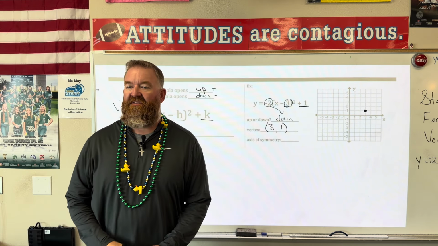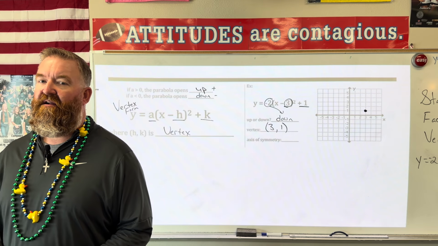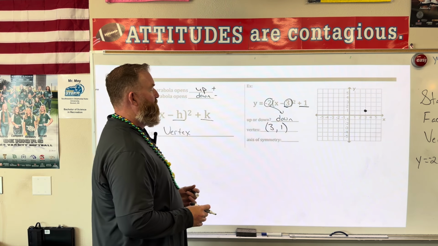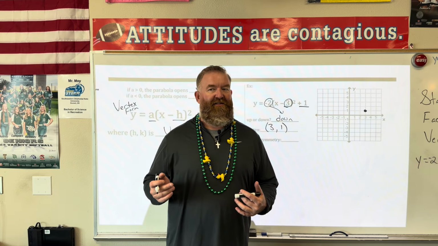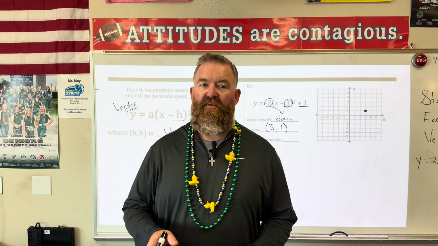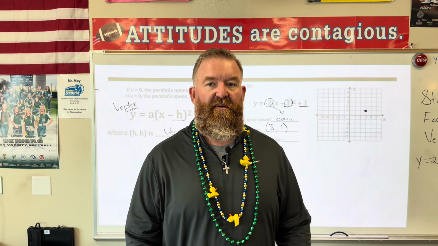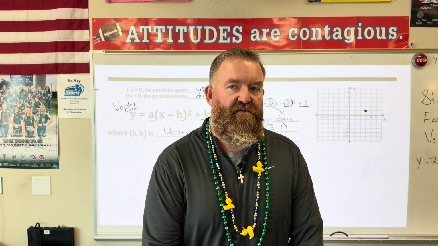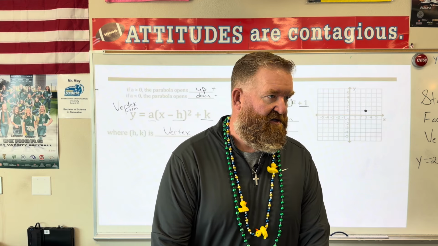Which means my axis of symmetry is what, guys? What is my axis of symmetry? Positive 3. Please remember your axis of symmetry always goes right through the vertex. It's always the x number.